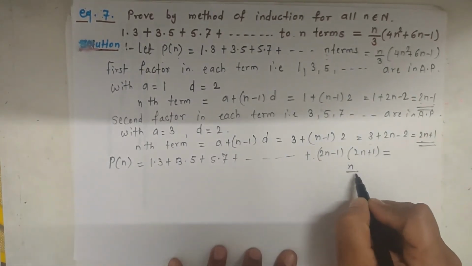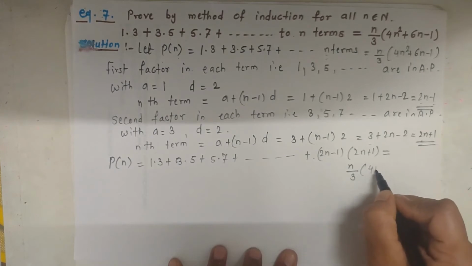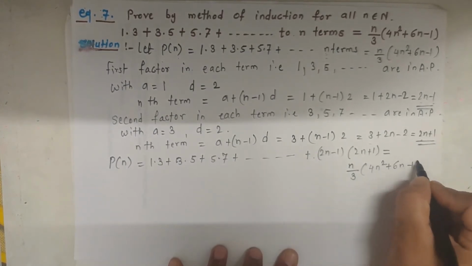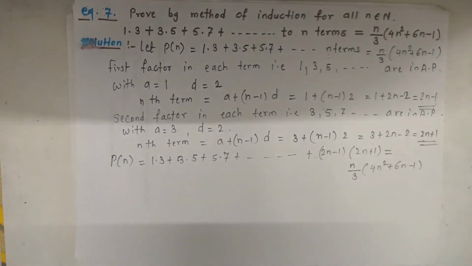The given RHS is n by 3 into 4n square plus 6n minus 1. Now using the principle of mathematical induction, we can prove this statement.